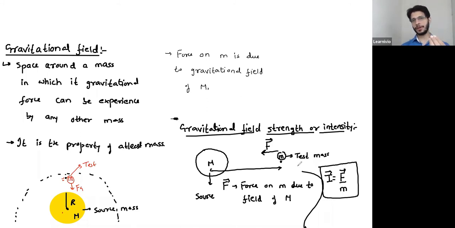So gravitational field intensity at a point due to a source mass is the ratio of the force experienced by a test mass divided by the magnitude of the test mass. It's a vector. Its direction is towards capital M. So I is field. I should write gravitational field. Whenever I write field, that means gravitational field of capital M.